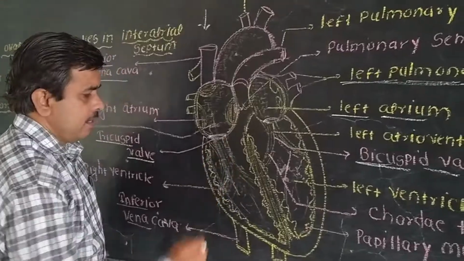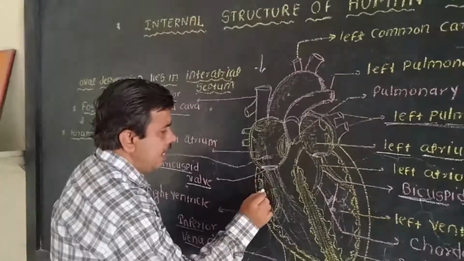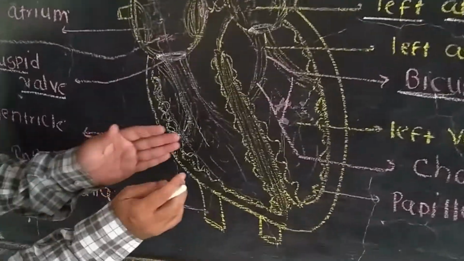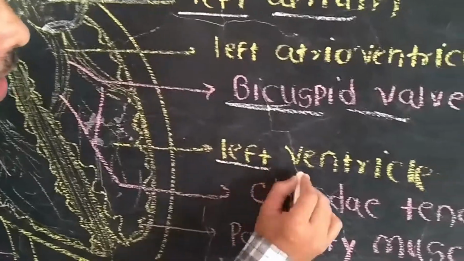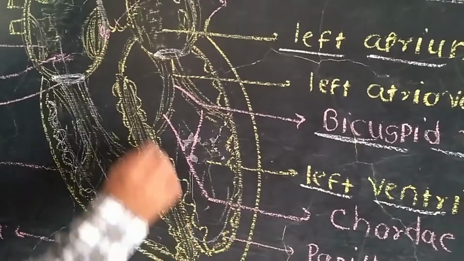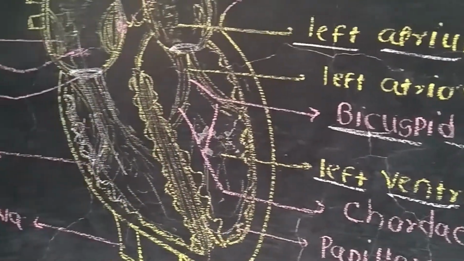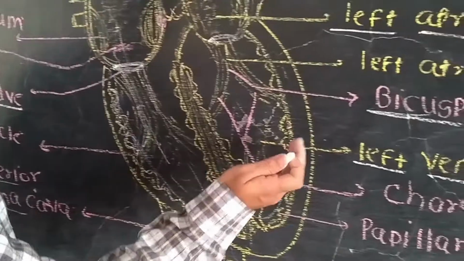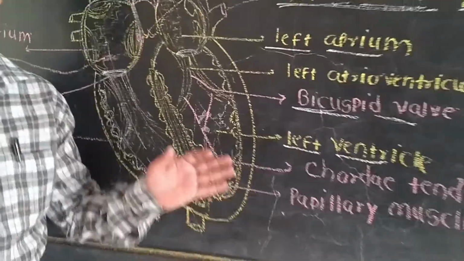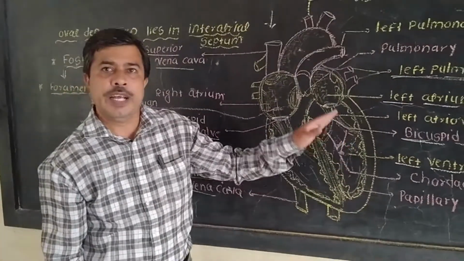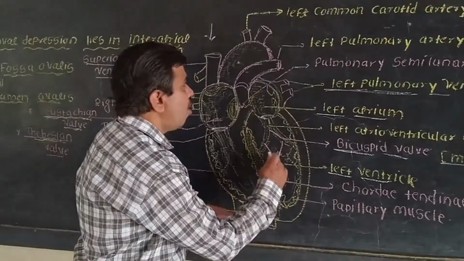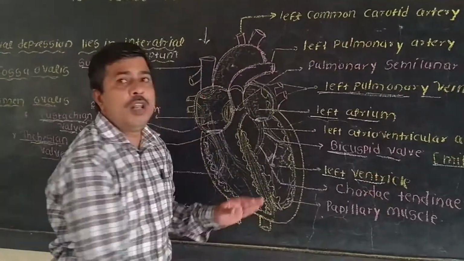Okay, and besides the chordae tendineae, there are the papillary muscles and the columnae carneae here. One important thing is that the left ventricle has a much thicker wall as compared to the right ventricle, because the left ventricle stores the oxygenated blood and pumps it to the whole body.